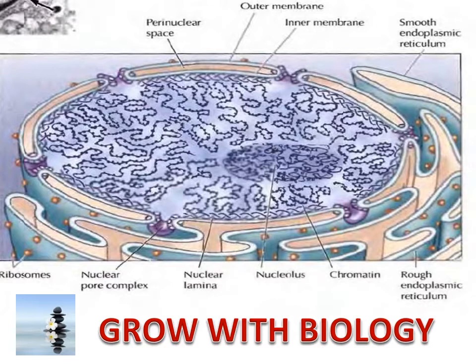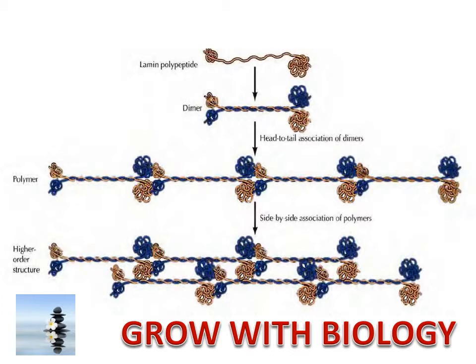There are some regions where chromatin is concentrated. There is a nuclear lamina, nuclear pore complex, and the ribosomes are present on the endoplasmic reticulum. So this is the diagram of the nucleus, the ultrastructure.